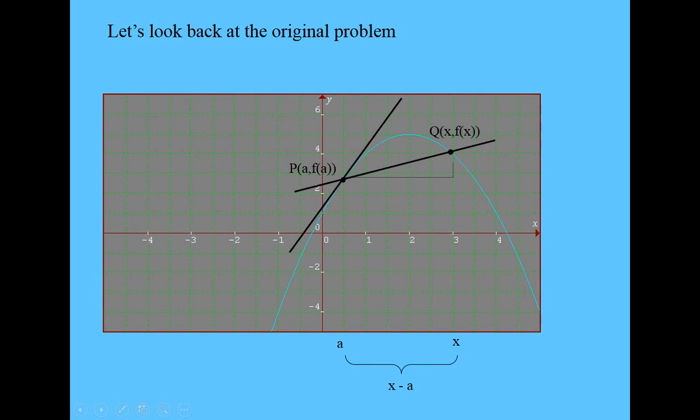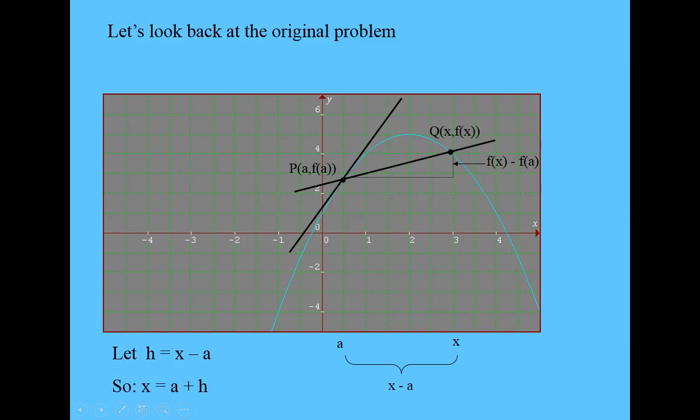Let's look back at the original problem we discussed a few moments ago. We are going to make a substitution for x minus a. We're going to let x minus a equal h.